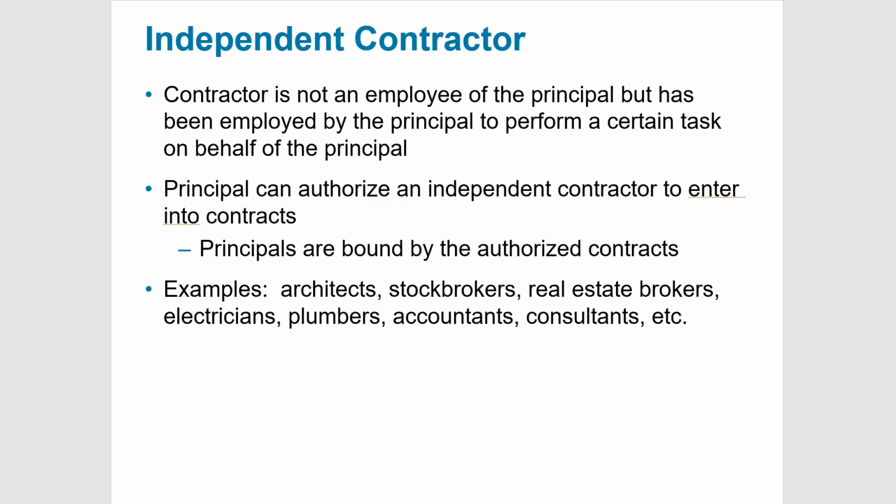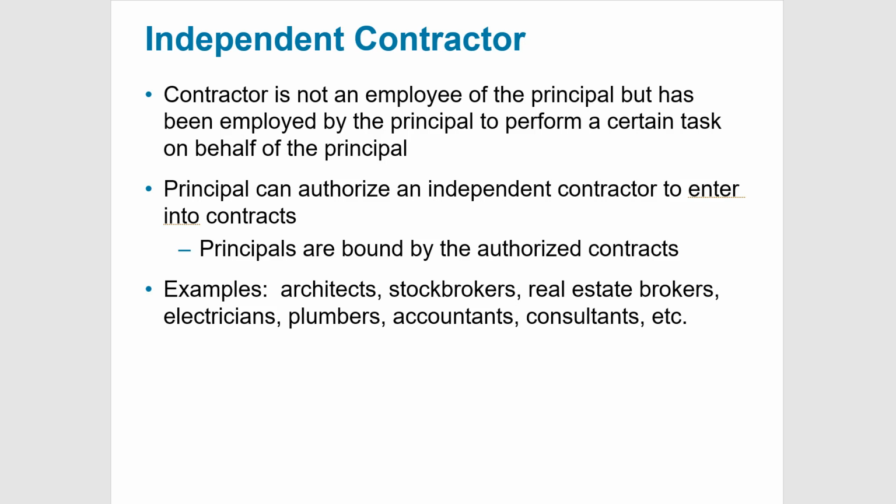An independent contractor is someone who is not an employee of the principal. They usually own their own business, and they've been employed by the principal to perform some specific task on behalf of the principal. So the principal can authorize a contractor to enter into contracts, and then the principal would be bound to those.